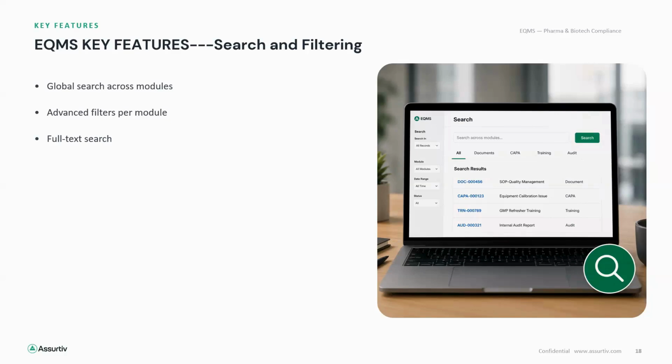So you want to verify one CAPA, straight away you can search in global search by giving the unique identification number. And advanced filters per each module are available, and even full text search. Suppose you want to give CAPA 001 2026 as a number, or with the title, if you want to search, full text search option is also there.